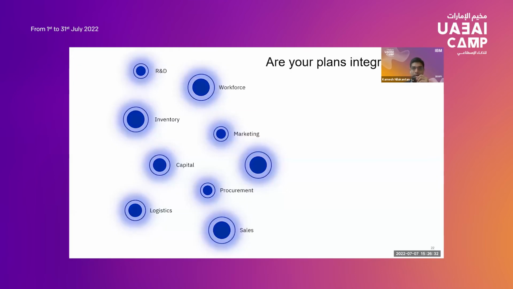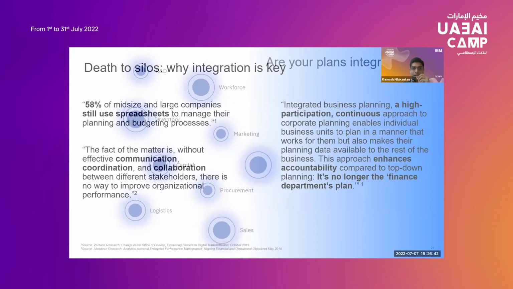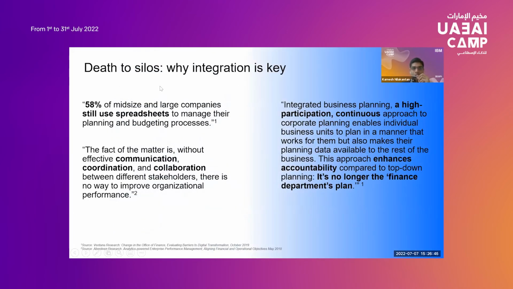Now, the critical thing is that across all of these lines of business or departments, integration is going to be the key. Things need to be integrated. So as I said, why integration is the key: 58% of the mid-sized to large-sized companies still use spreadsheets to do this. And there is no collaboration, there is no proper communication among different stakeholders within an enterprise or an organization.